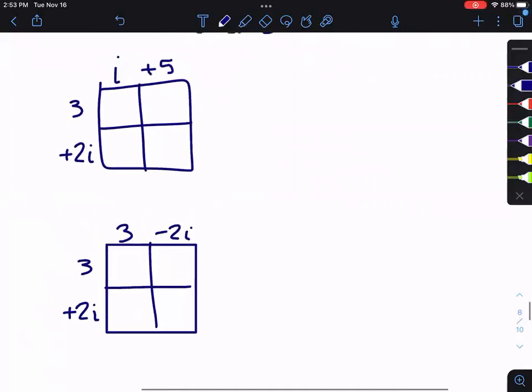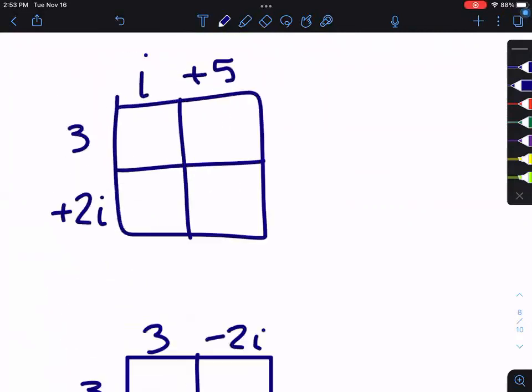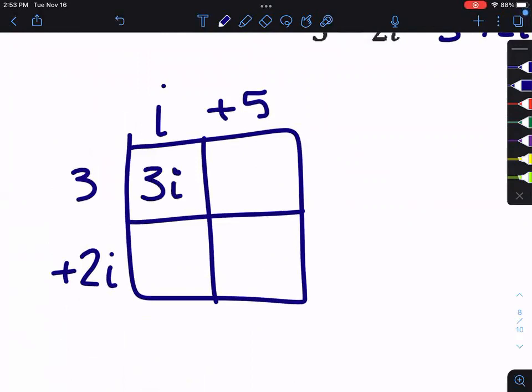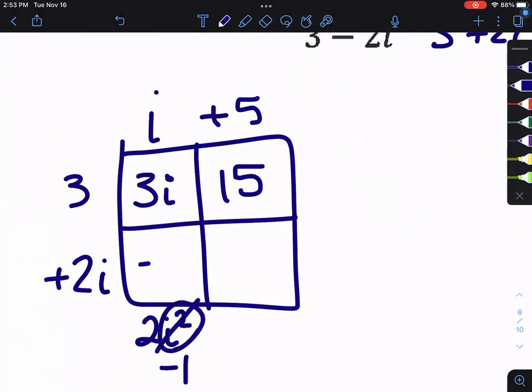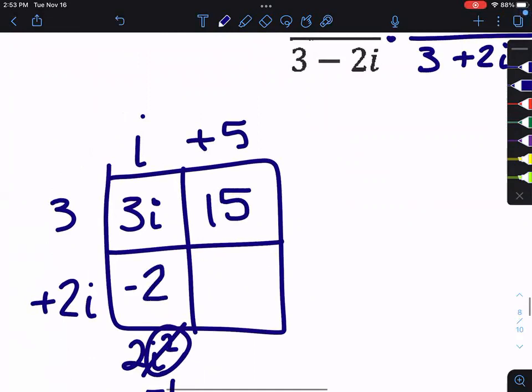Then we're just going to fill out both of our boxes by multiplying. So 3 times i is 3i, 3 times 5 is 15. i times 2i is 2i squared. Remember, i squared gets replaced with -1. So this box actually turns into -2.